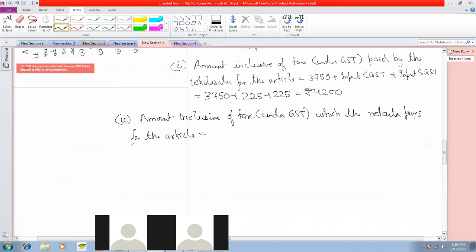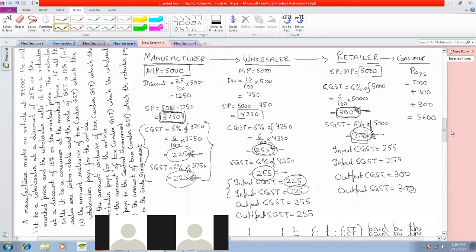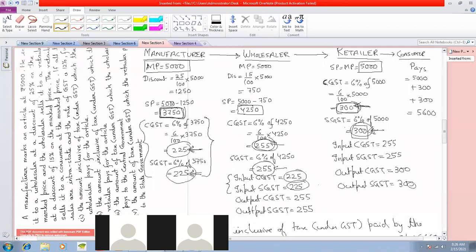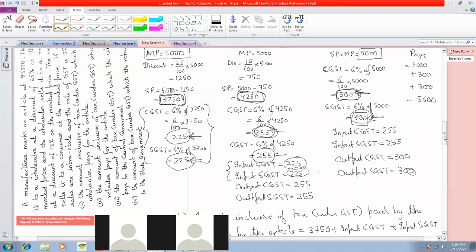Let us look at it once again. How much does the retailer pay? First of all, the retailer pays the wholesaler's selling price. The wholesaler's selling price is 4,250. Let's write this.